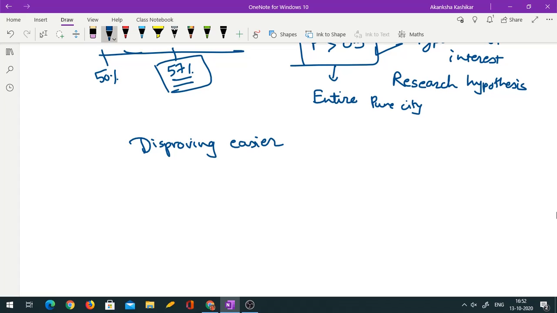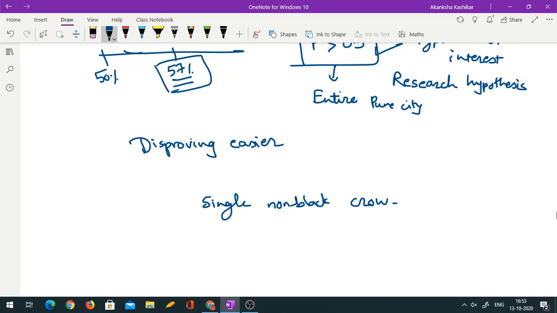If you want to do that, you would have to check each and every crow in the entire world and see whether all of them are black. Because even if you can find a single non-black crow, then you're done. I mean, your hypothesis gets disproved.